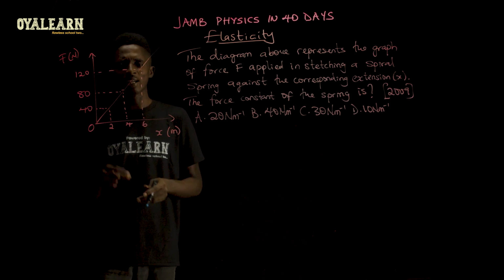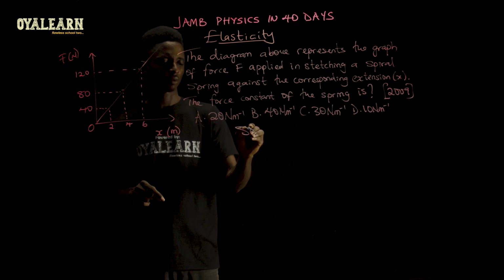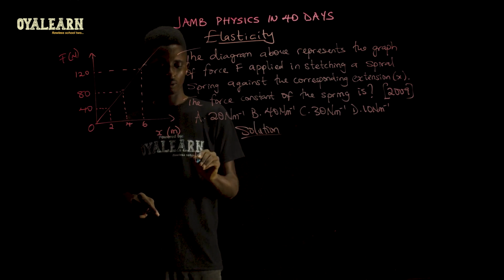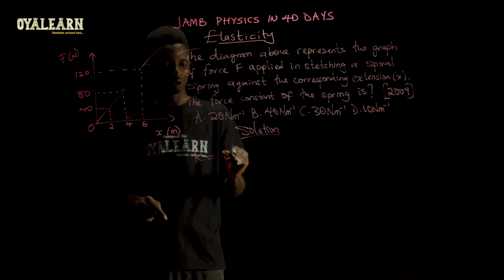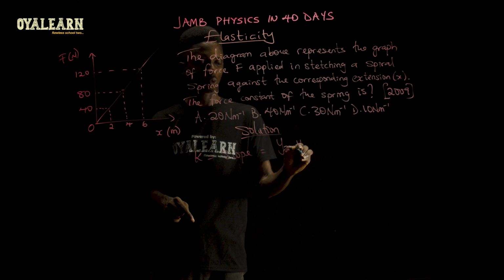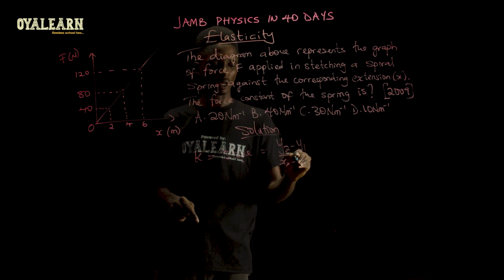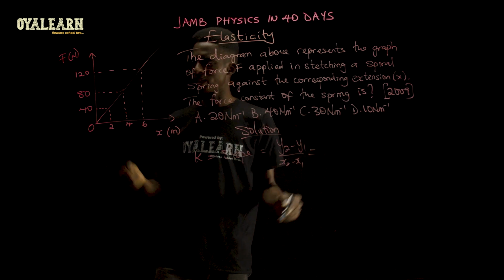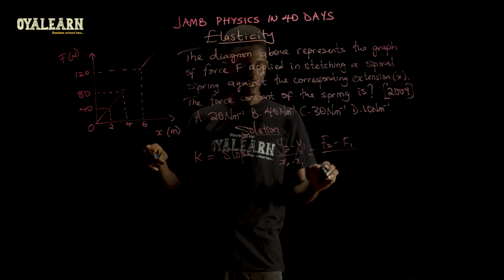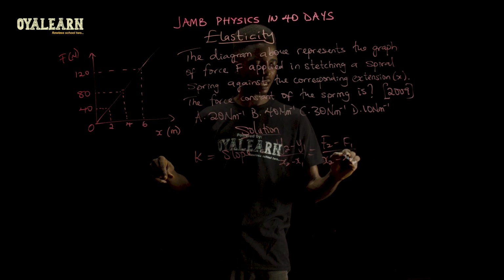So let's go on to find the slope. So force constant k equals slope, which is y2 minus y1 over x2 minus x1, or as we will say it in physics, F2 minus F1 over x2 minus x1.